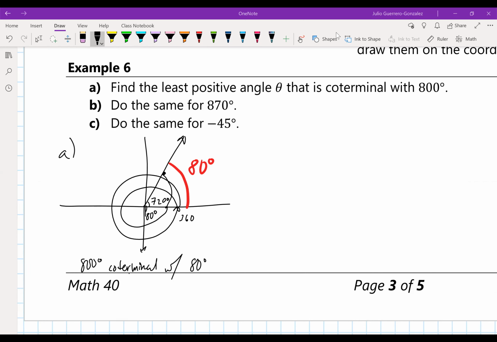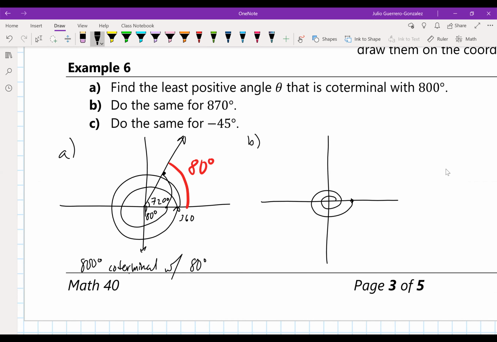So for B, since we know it's going to be 80 for 800, will we just add the 70 to the 80 and then that'll be our coterminal angle? Exactly. So then I'll do it this way. Two around, and we know if we go another 80, we get to 800, and then we have to go another 70.